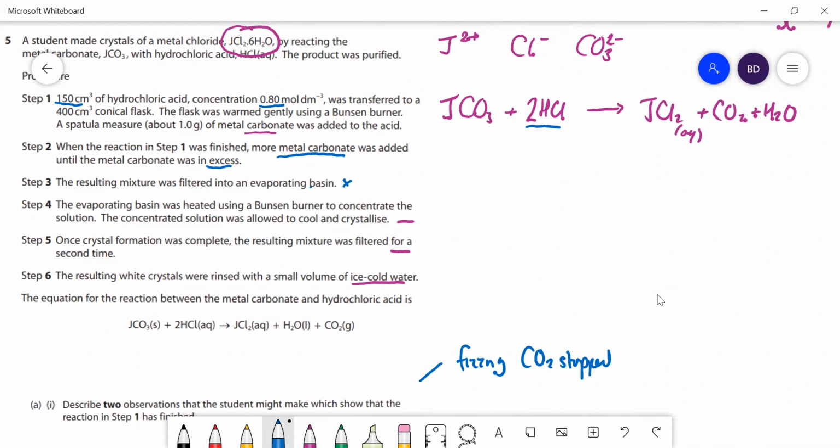And what else has stopped is, well, this was a solid and it becomes an aqueous solution. So at first you would see the solid dissolving, but they do add excess, so it wouldn't all dissolve necessarily, but you'd stop seeing the solid dissolve. No more would dissolve. That's what I would say there.